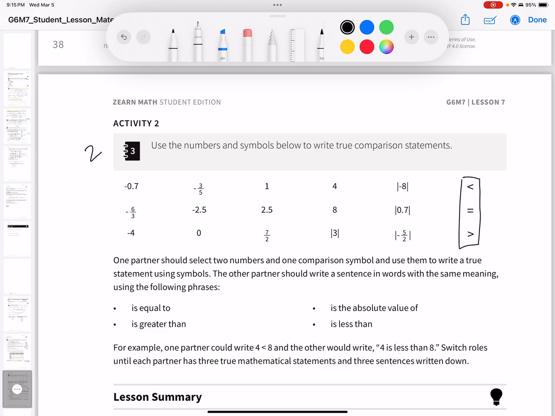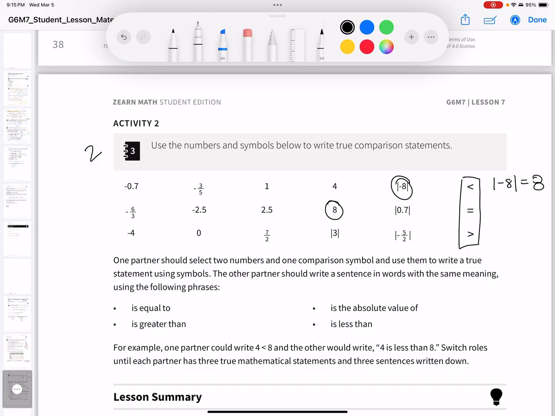And then you're going to write a statement, right? So for instance, I can do the absolute value of negative 8 is equal to 8, because the distance from 8 and the distance from negative 8 is the same.